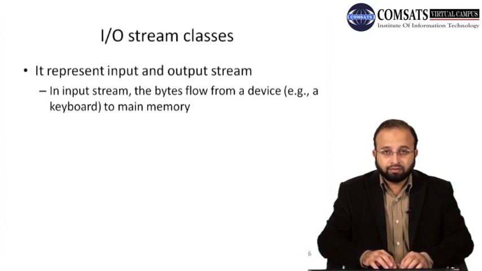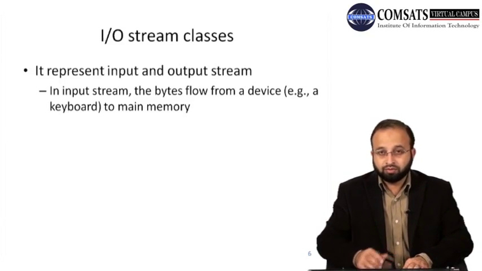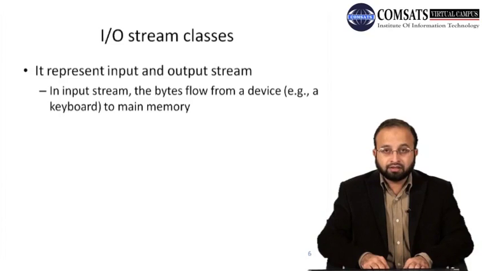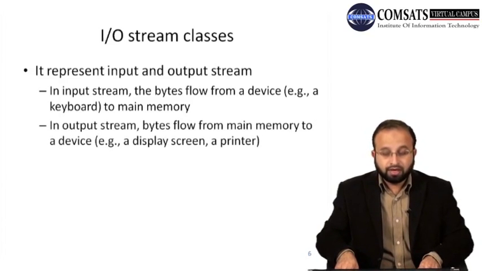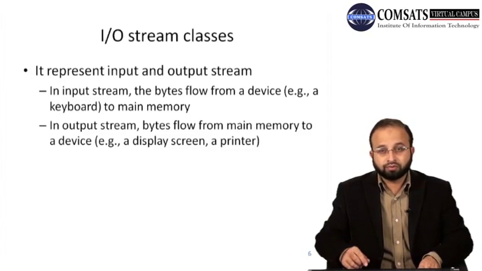You type in something from the keyboard, that is written into some special space in the memory that is called buffer, and that is called the input operation. That is the input stream, right? And the output stream is, in the output stream, bytes flow from main memory to a device, for example display screen or a printer. That is called output.